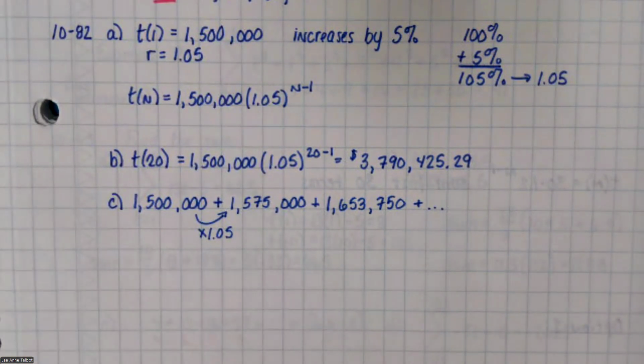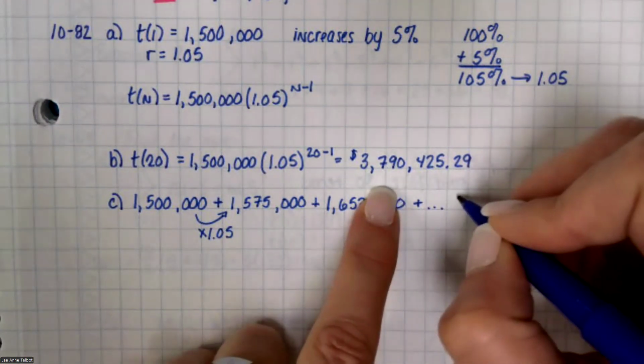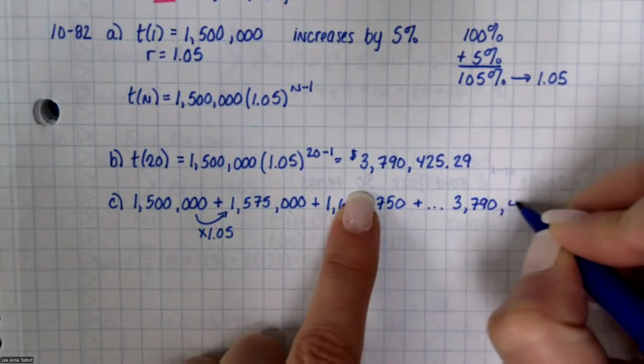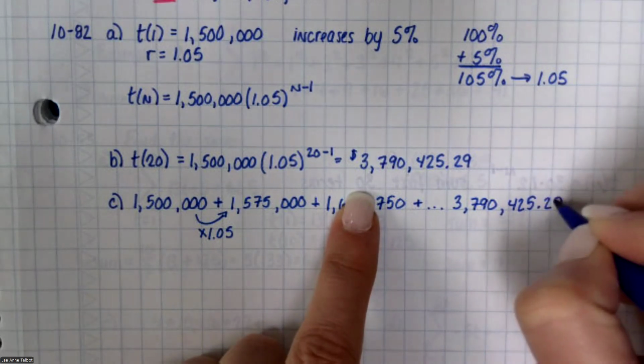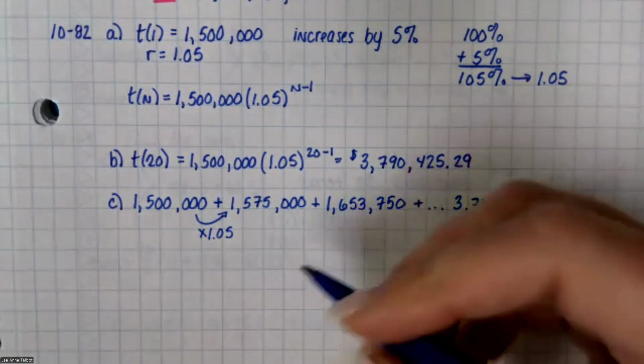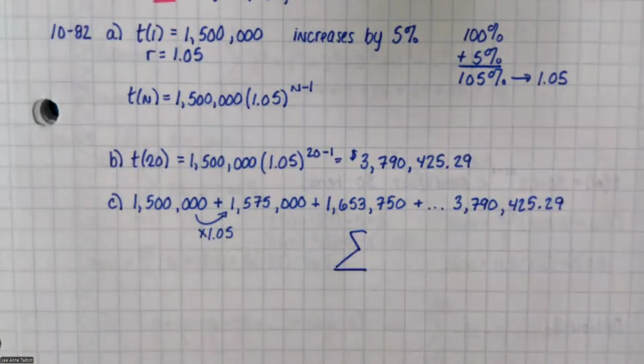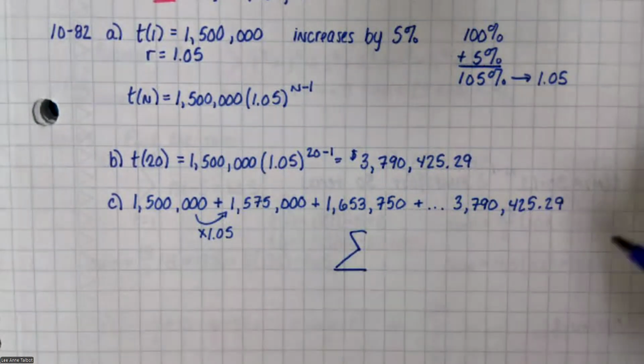But do I know the last number? Yes, I calculated it up here. 3,790,425.29. Okay, and when we're too lazy to write the series out, we write it in summation notation.